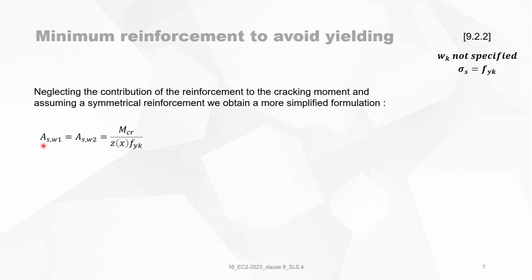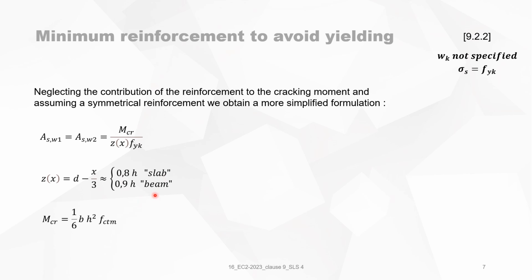So the minimum reinforcement is then the cracking bending moment divided by Z, over the yield stress of the steel, and the lever arm Z can be estimated as 0.8 times the depth of the section for slabs, and 0.9 times the depth for beams.